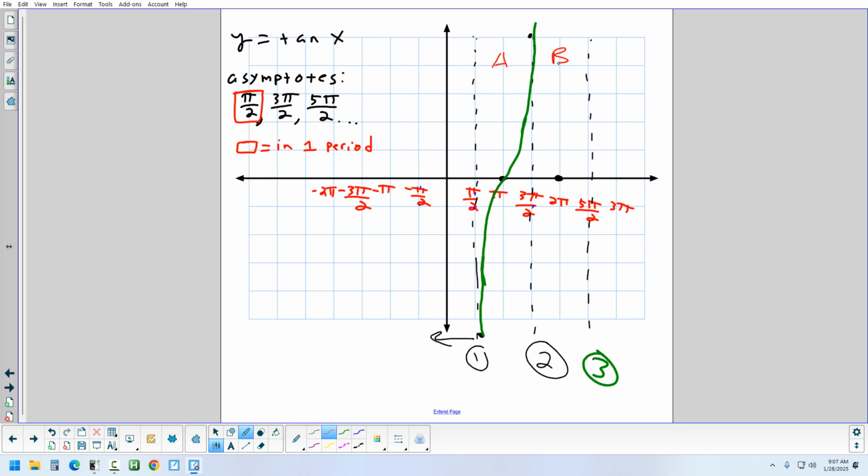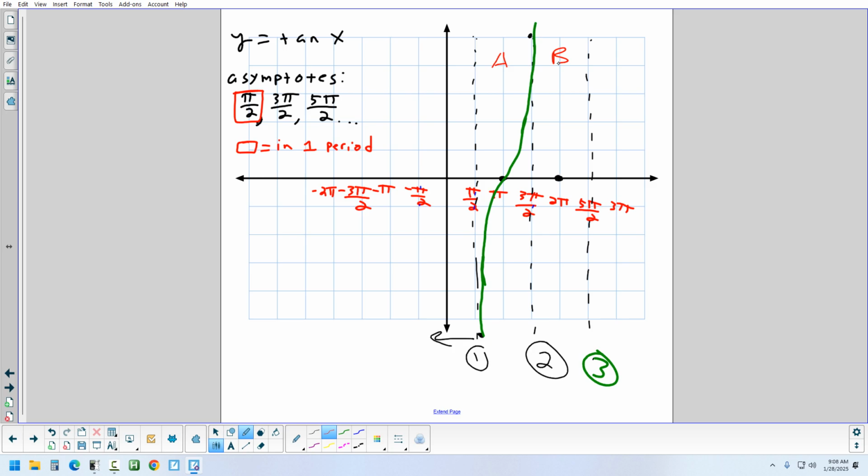It doesn't matter whether you think of the asymptote on the left as belonging to it or the right, as long as you understand there's just one asymptote per cycle, or per period. Now that's another question. What is the period length? Well, it's the distance between asymptotes 1 and 2, or 2 and 3.